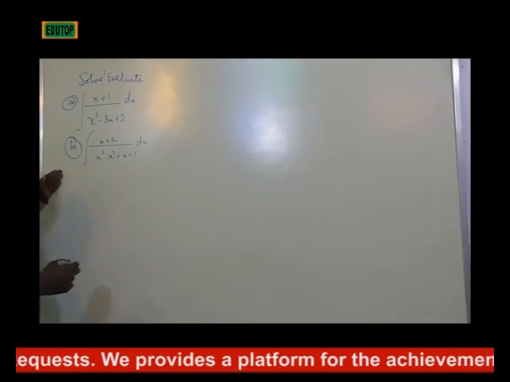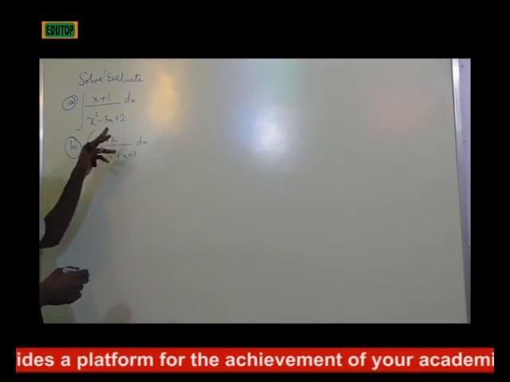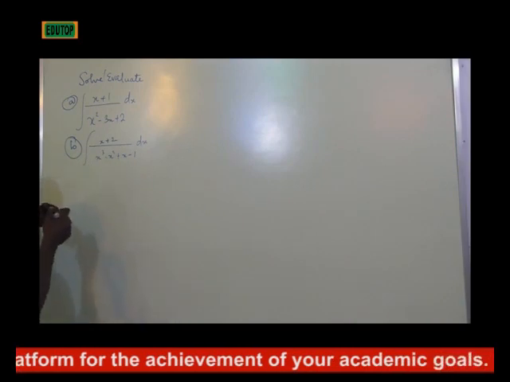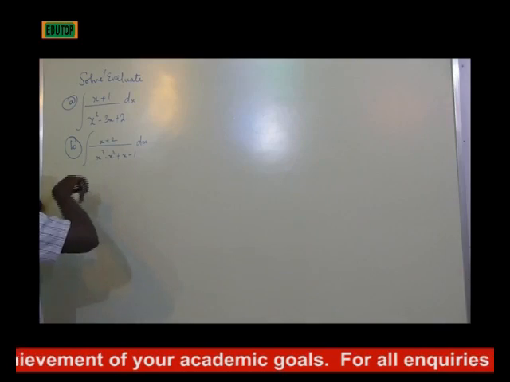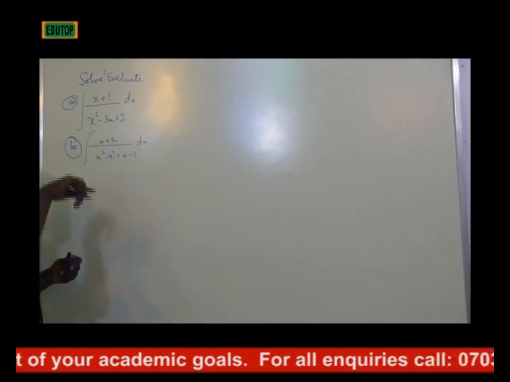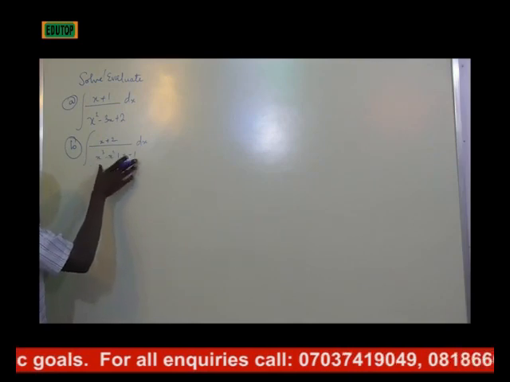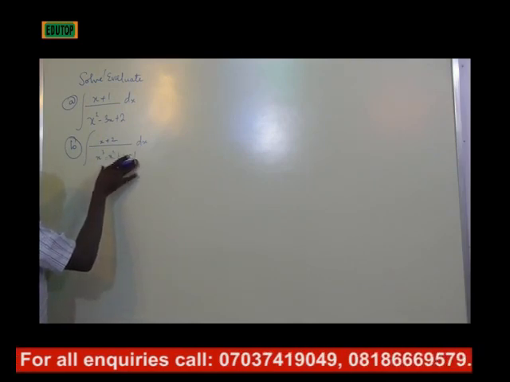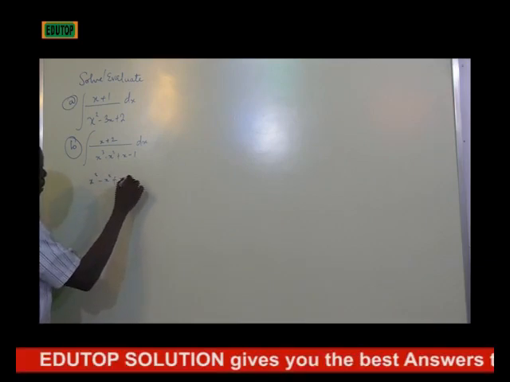Now, the second part. This is a complex situation compared to the A part, because here you have a polynomial of degree 3, but there you have a polynomial of degree 2. So here, the first thing we have to do is to look for the factors of the denominator. We have x cubed minus x squared plus x minus 1.